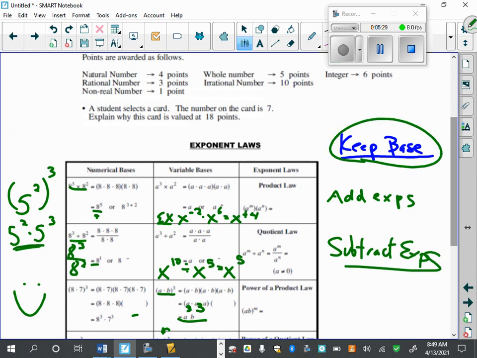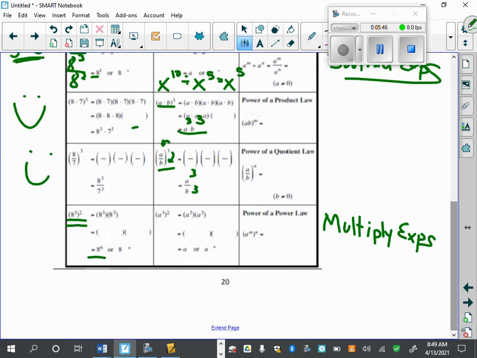You don't multiply the base, you keep the big number, and you add exponents. You keep the big number, look at, we don't put 64 here, we put 8. You keep the base and add exponents. You keep the base and subtract exponents. Here you keep the base and multiply exponents. Okay.